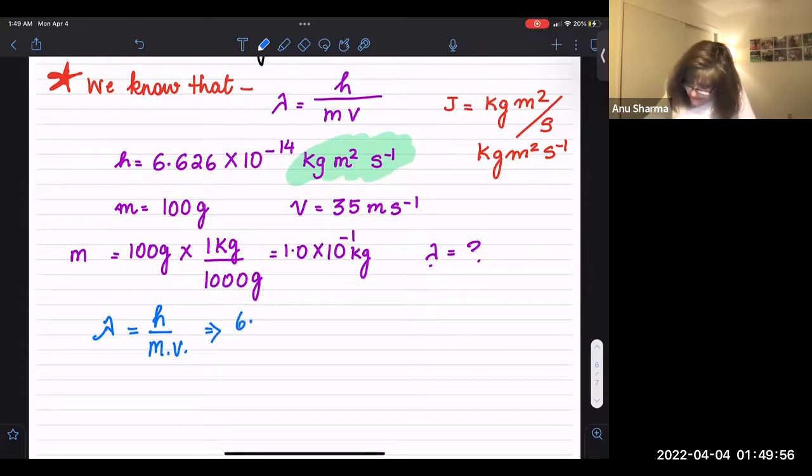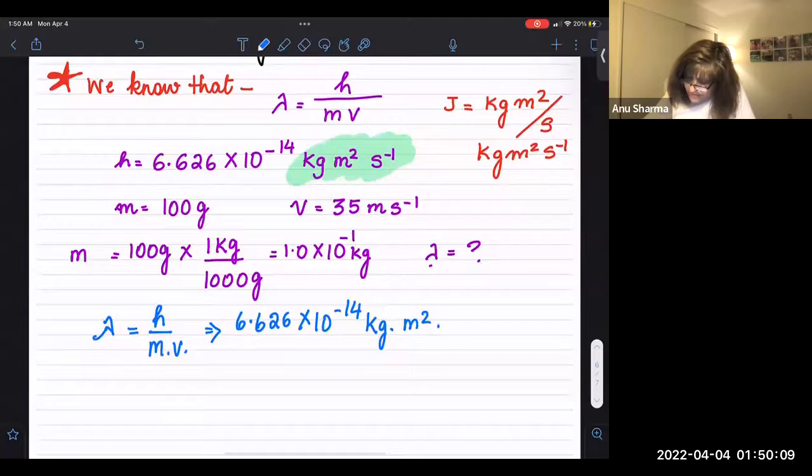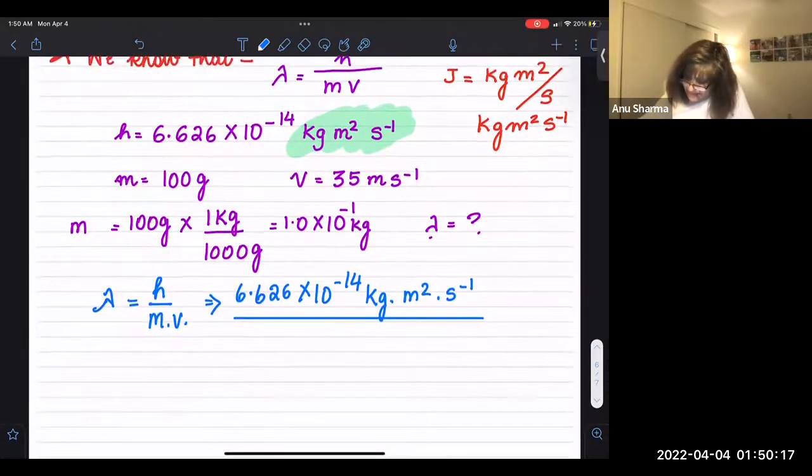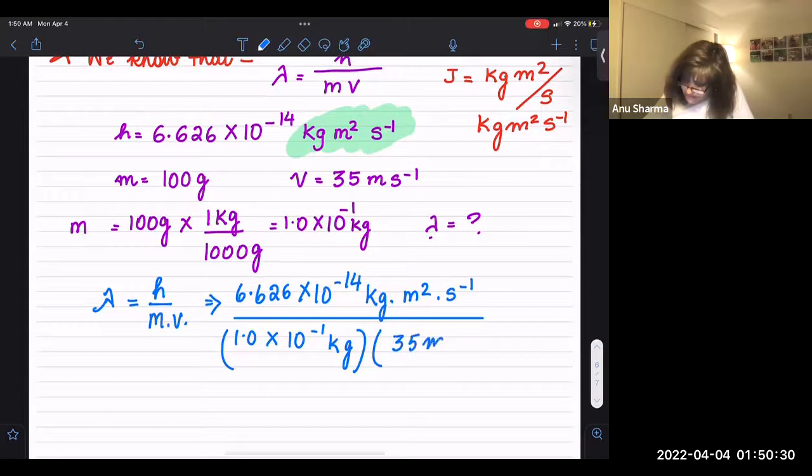So here is 6.626 into 10 to the power negative 14, kilograms times meter square times seconds inverse, over the mass, which is 1.0 into 10 to the power negative 1 kilograms. That's the mass, times the velocity, which is 35 meters per second, or seconds inverse.